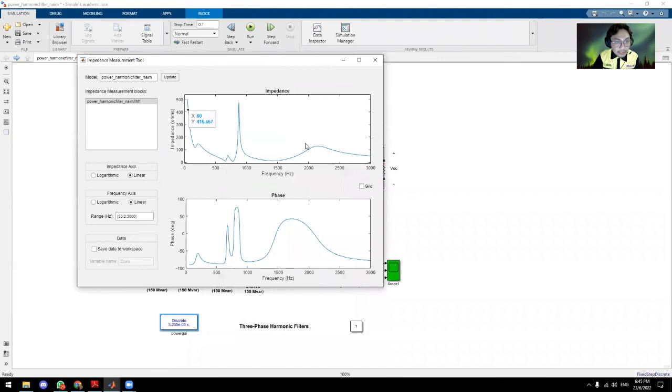As you can see, we plot at 6 hertz. We get the impedance of around 416.67. As you can see, this is the total reactive power. By applying the formula, we get the final value of 600 MVA. So that's all from me. Thank you and assalamualaikum.